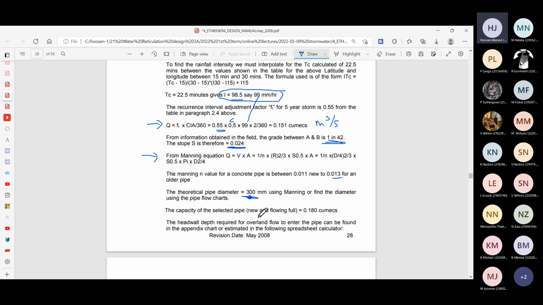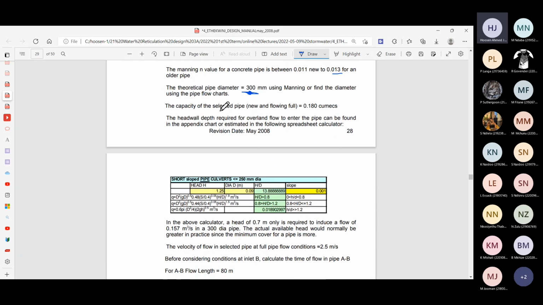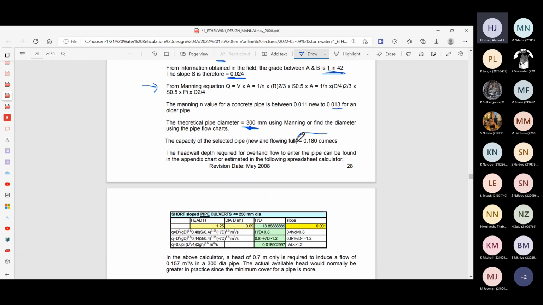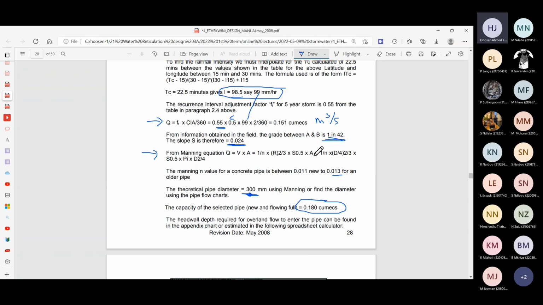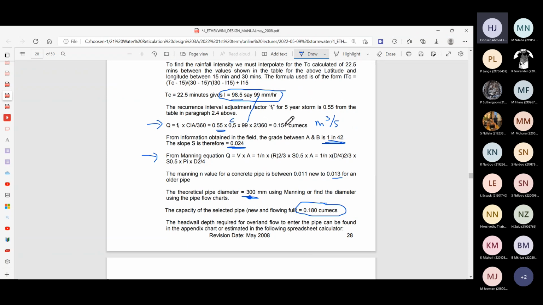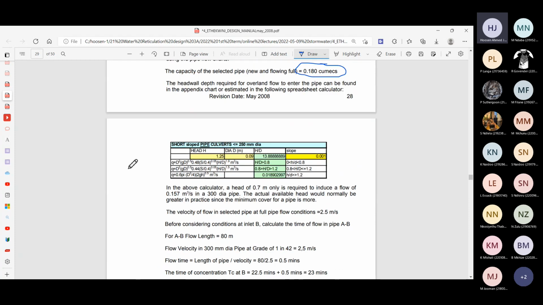You can then proceed like what you've done in sewer reticulation and check that. You'll find that the capacity of that pipe is 0.18 cubic meters per second, but we have a flow of 0.151, so our flow is less than that, so the 300 diameter pipe would be adequate. The next part of the calculation that you see is for culvert design.